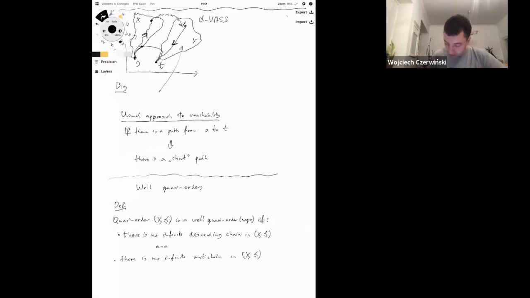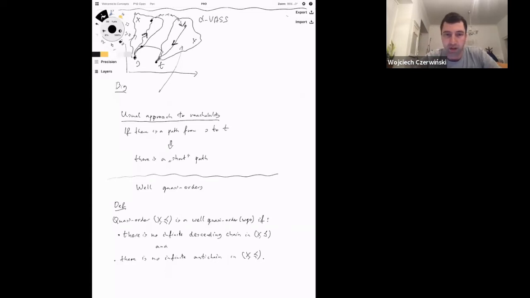So maybe I should make a comment. Usually, in all of the cases which I have seen, we apply this to orders. So the definition uses the name quasi-order, which is why I define it for quasi-order, but I always think about an order here. So please don't ask me, I'm not prepared to answer what an infinite anti-chain actually is in the case of a quasi-order.